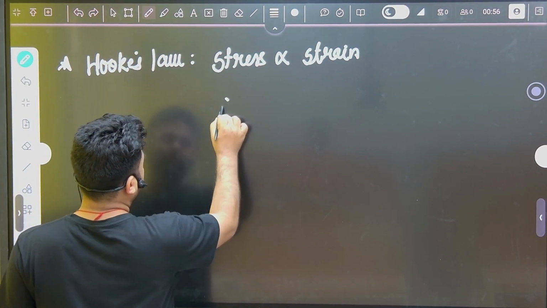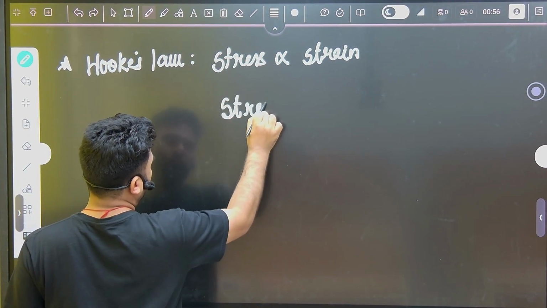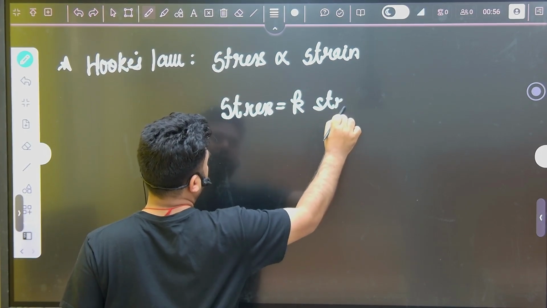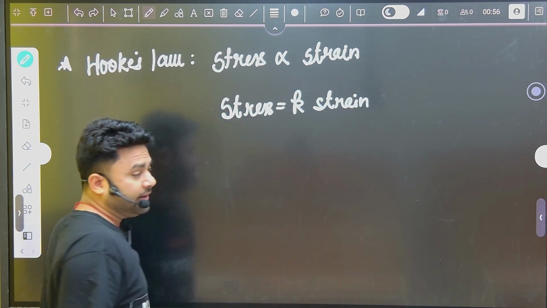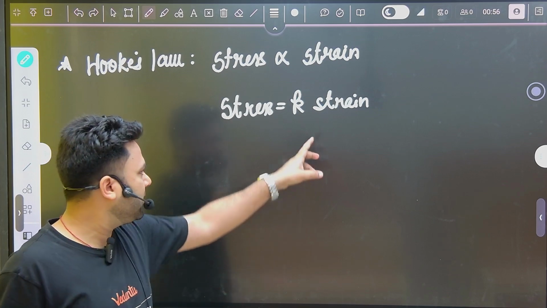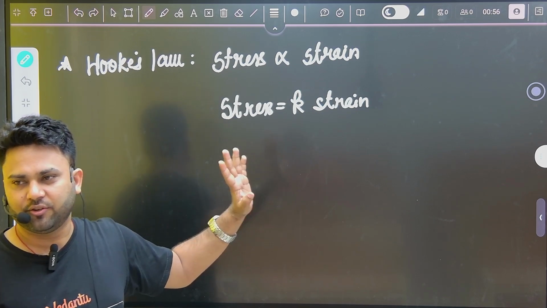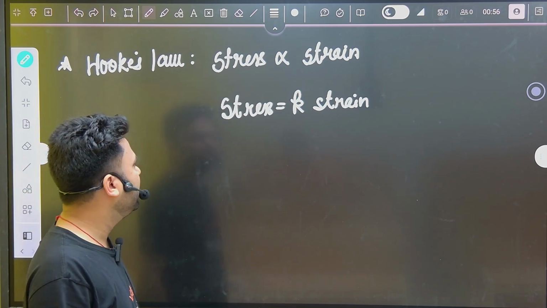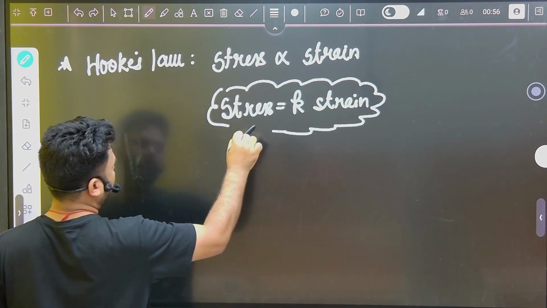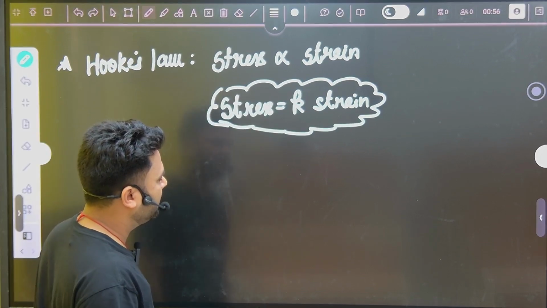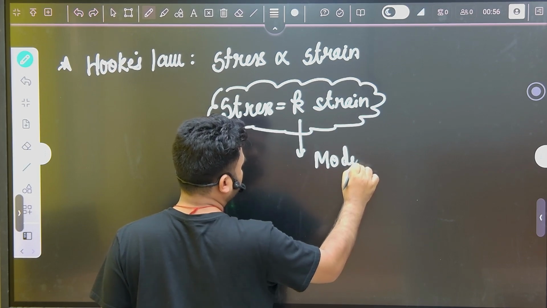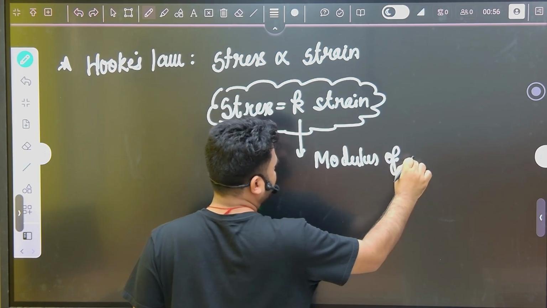Or you can write stress equals some constant times strain. Now, 90% of the questions from this chapter, again you remember, come from this formula only. That's why this is one of the easiest chapters in class 11th. Okay? So stress equals some constant times strain. This constant is called modulus of elasticity.